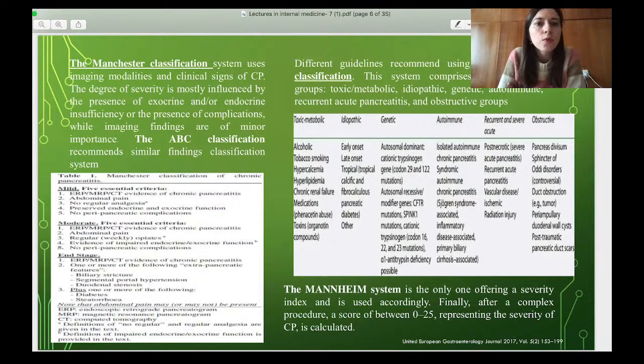The degree of severity is mostly influenced by the presence of exocrine or endocrine insufficiency or the presence of complications, while imaging findings are of minor importance. The ABC classification recommends a similar classification system.